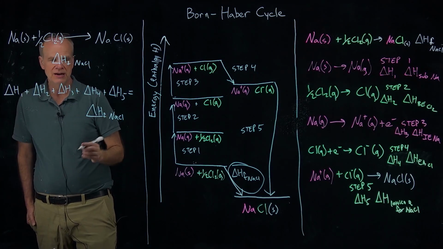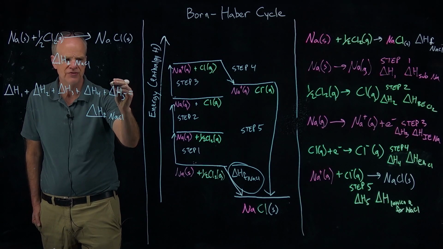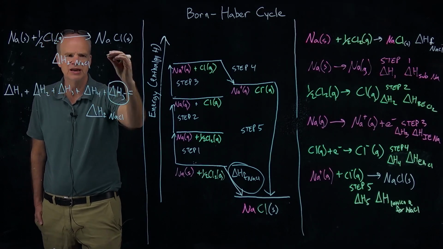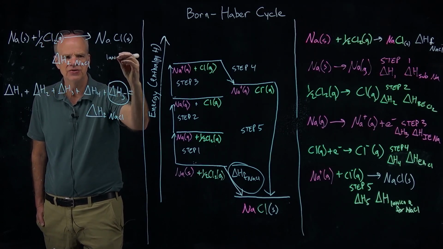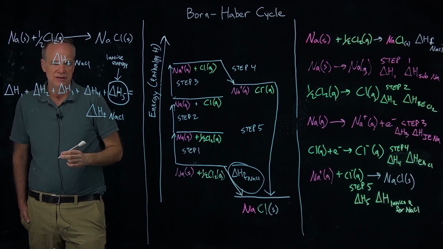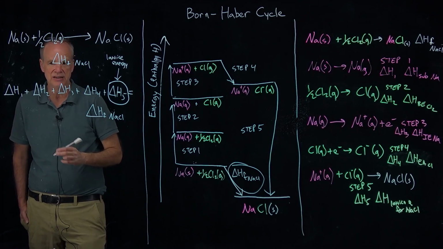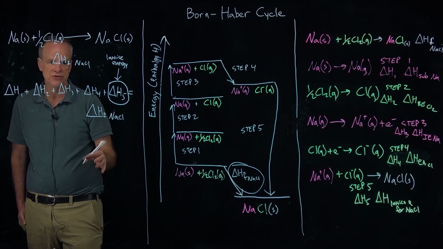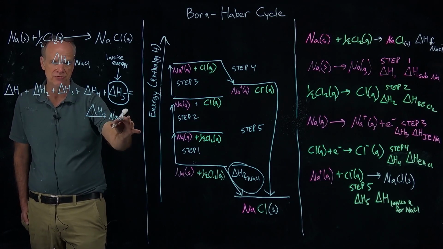So if you're trying to find lattice energy, this is the one you're trying to find, the change of enthalpy number 5 here, right? And let me again just mention here that this is lattice energy. I think you can see now that lattice energy can be calculated if you know the energies of the individual steps and also the enthalpy change of the formation of the compound.